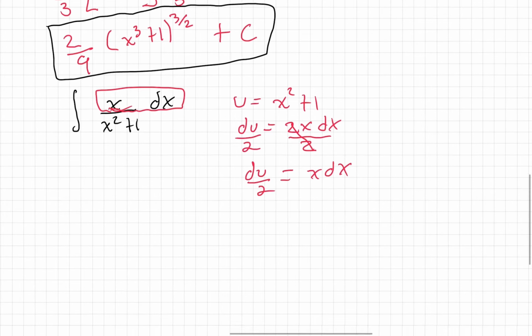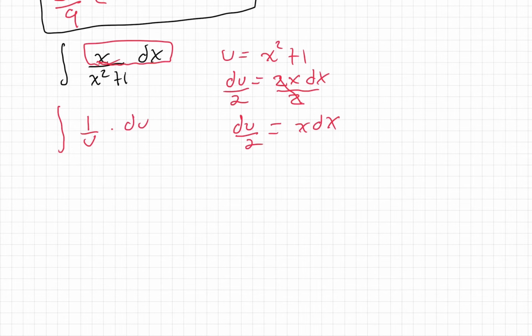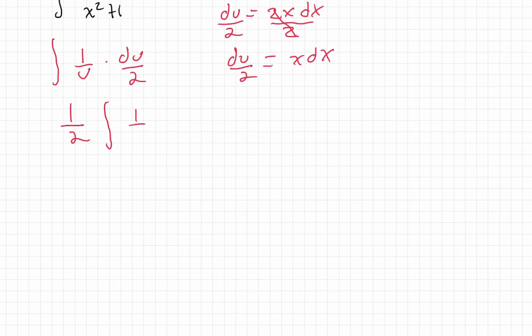With that being said, we can rewrite this as 1 over u times du over 2. And since 2 is a constant, we can just factor it out. You have 1 over u du.